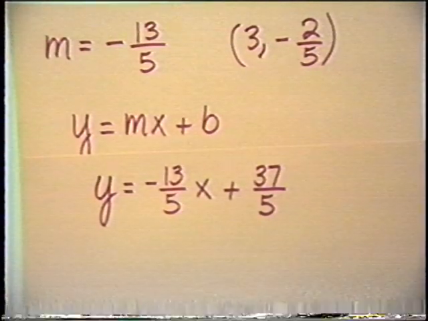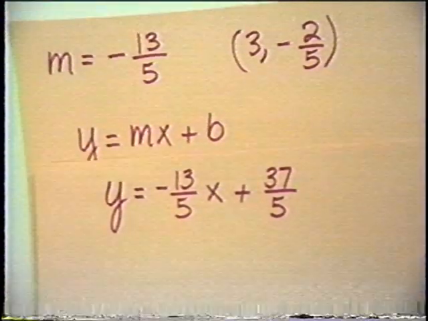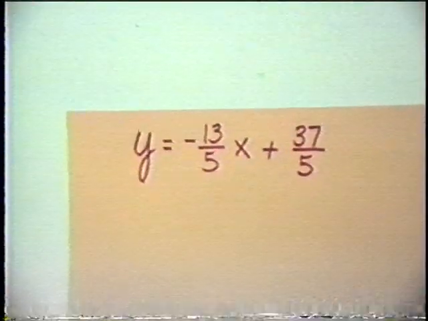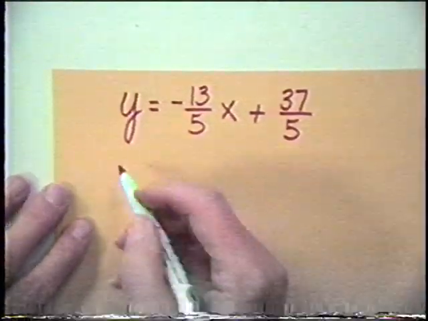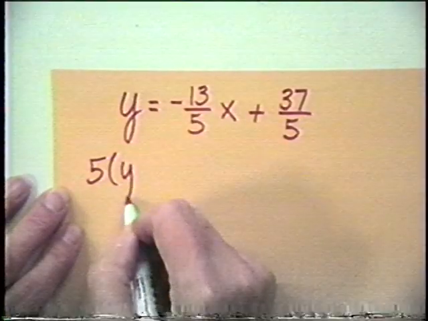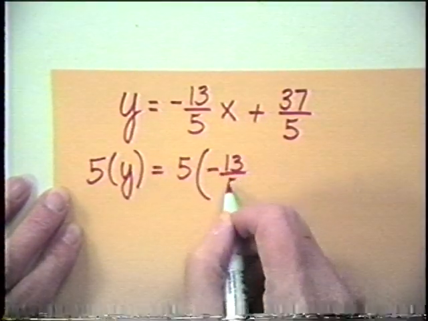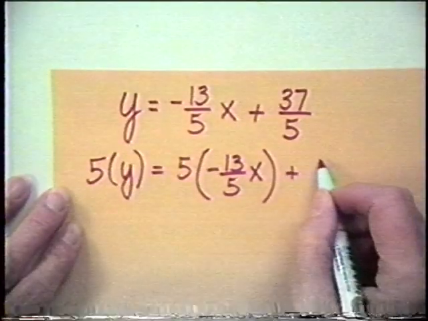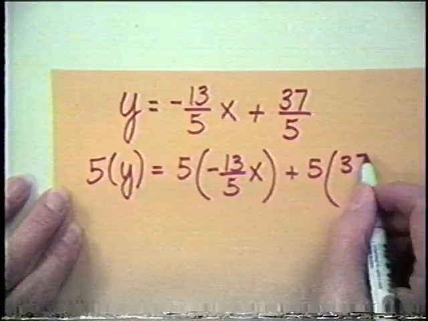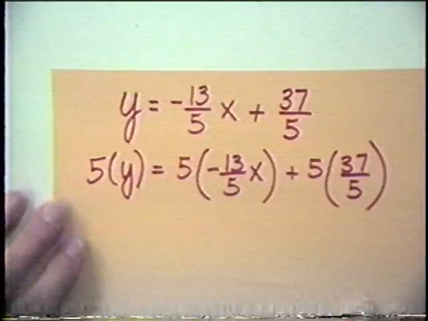Now we'd go through and put it in standard form. First thing I do is get rid of the fractions. And I'm going to use the distributive property right away and distribute this 5, instead of writing it times that side and then distributing the 5.